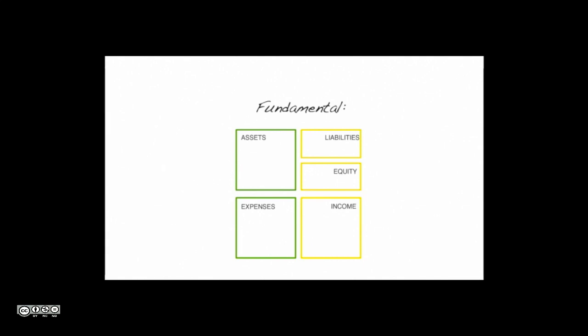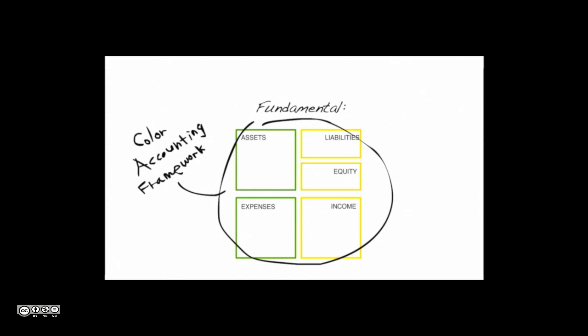Color accounting uses a diagram that would in computer terms be known as a graphical user interface to show how accounting works visually. When you understand the workings of the diagram, you by and large understand accounting. We call the diagram the color accounting framework, and it will soon be your best friend.